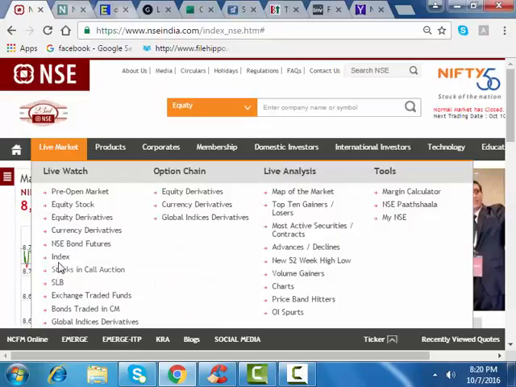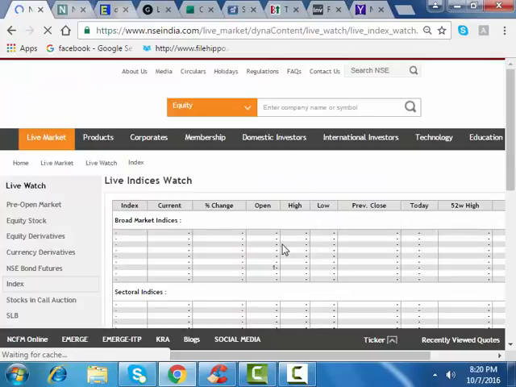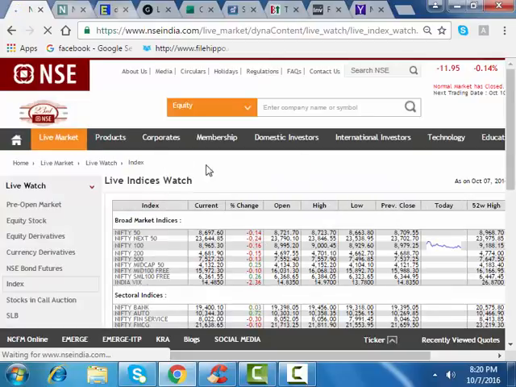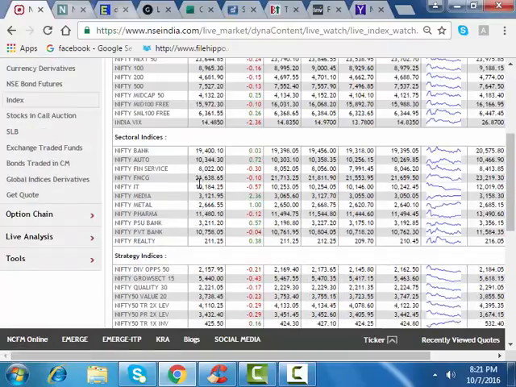On that, select index, press on index. It is opening, wait. You have to select index. Okay, then see, all the sector wise prices are here.